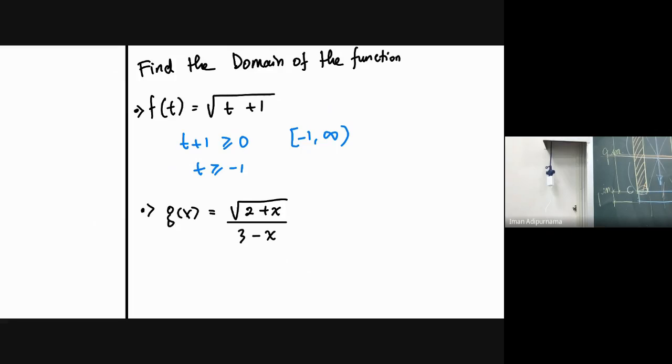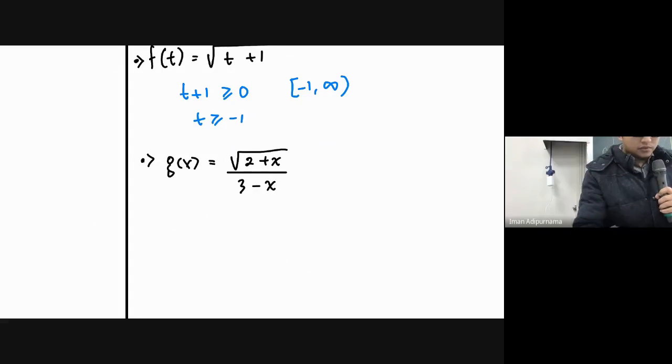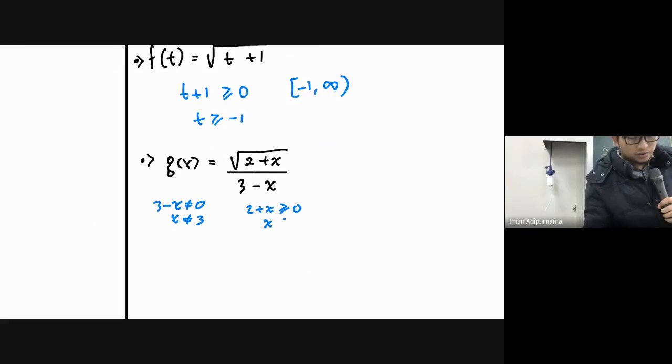Okay, so the next one is the square root. The square root is basically similar to what we did before. It cannot be negative, but it can be 0. So it should be greater or equal. Without necessarily writing long steps, you can just write 3 minus x is not equal to 0 and x is not equal to 3, and then 2 plus x should be greater or equal to 0. You can stop here and it's fine.